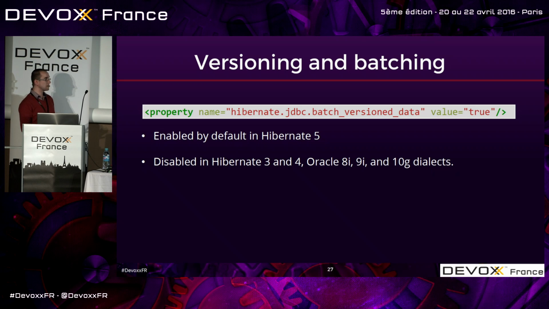Nowadays things are better, and that's why it's set to true in Hibernate 5. It's only disabled for these 3 versions of the Oracle dialect, 8, 9, and 10. Fortunately, the latest one, Oracle 12, works better, and it's not going to be the case anymore.